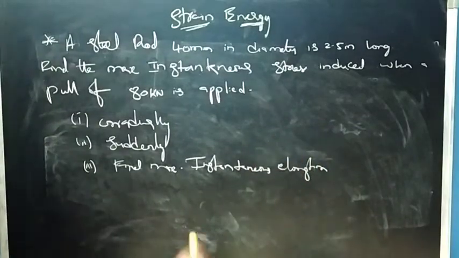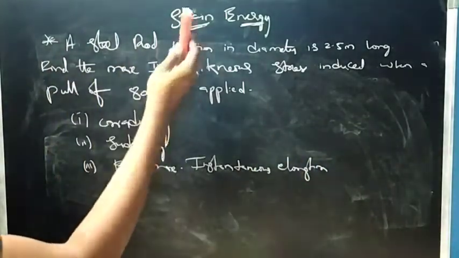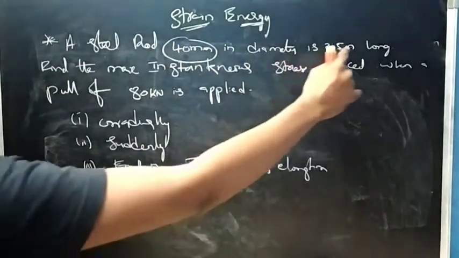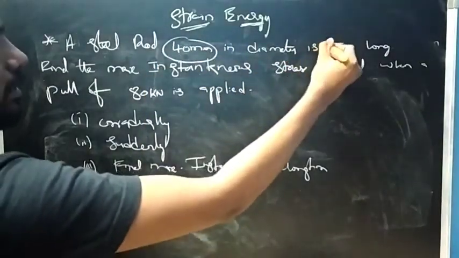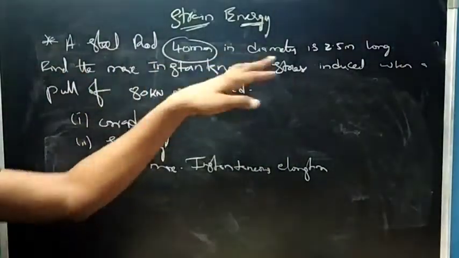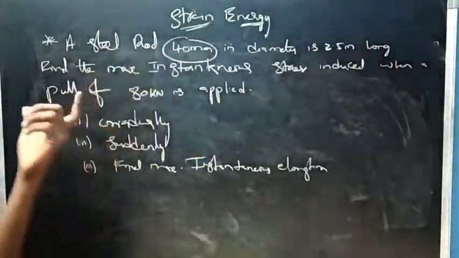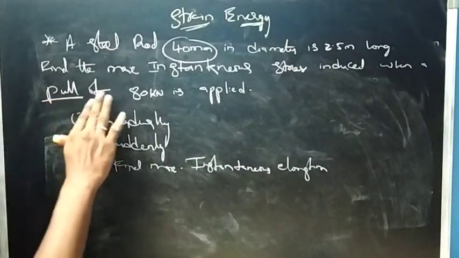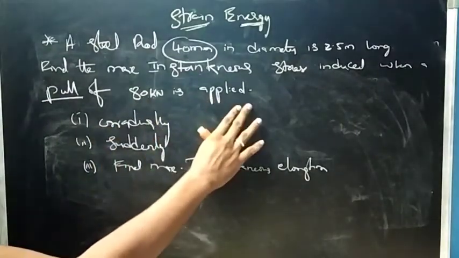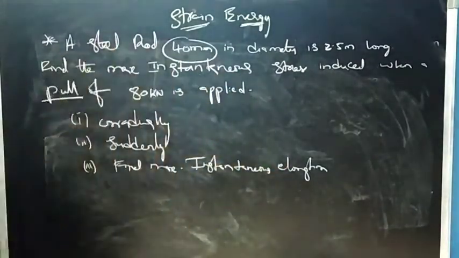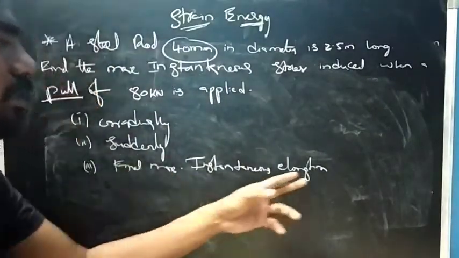So in the question it is given that a rod of 40 mm in diameter and 2.5 meters in length. Find out the maximum instantaneous stress induced when a pull, that means axial tensile load, of 80 kilonewton is applied. So first we'll find out the gradual, then sudden, then maximum instantaneous elongation.